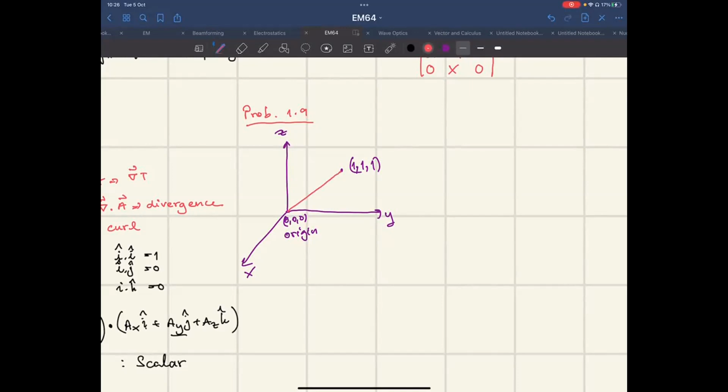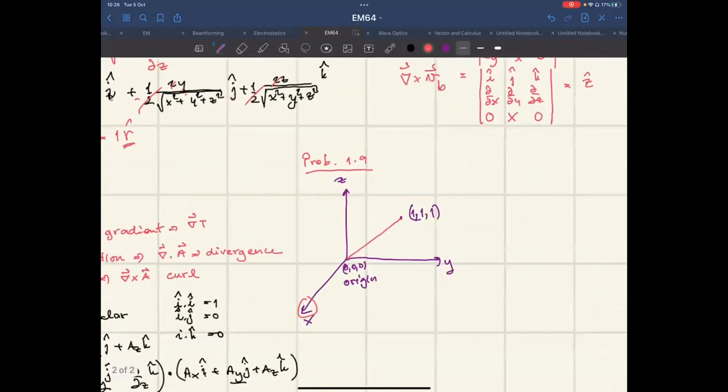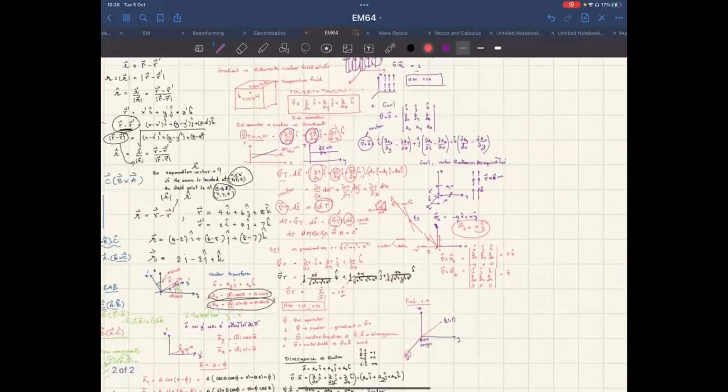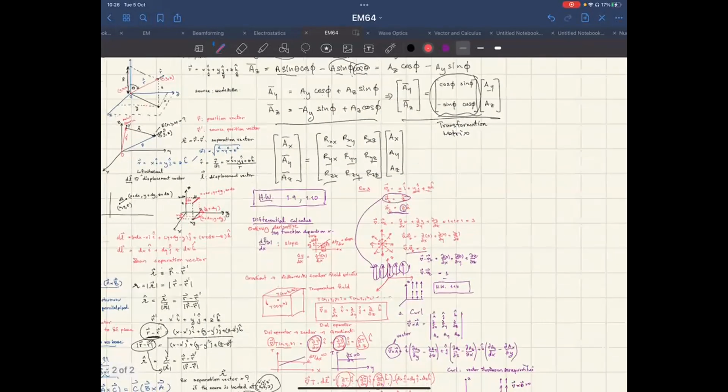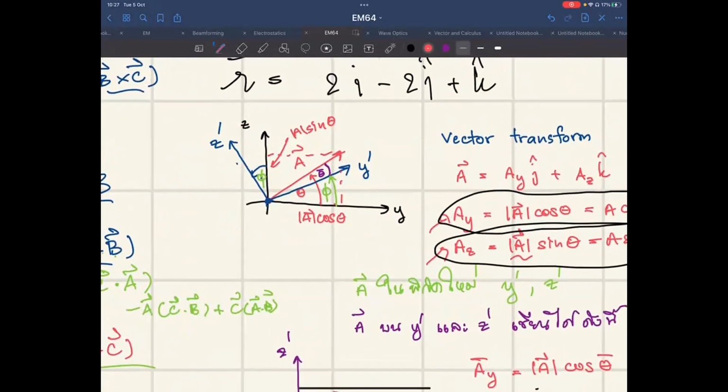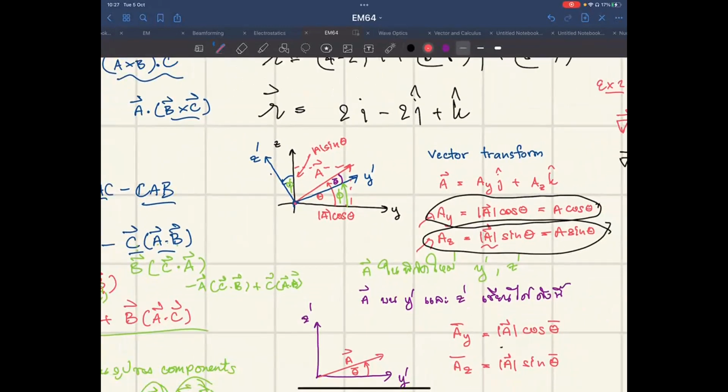If you remember when I showed you the rotation, we rotated about the x-axis, okay? But now the rotation is not on the x-axis. Remember the example I showed you: this is the point, y and z, and x points out from the screen, and we rotate the x-axis by theta.